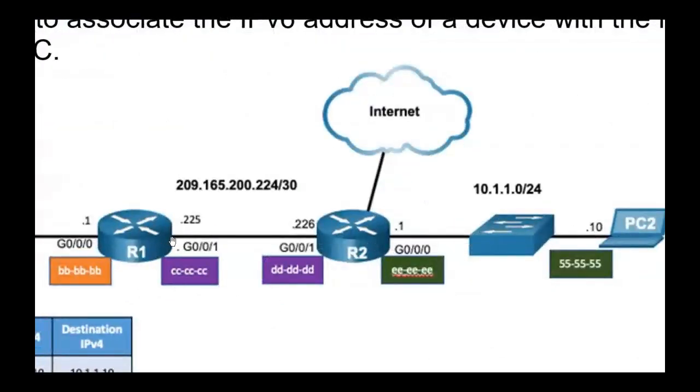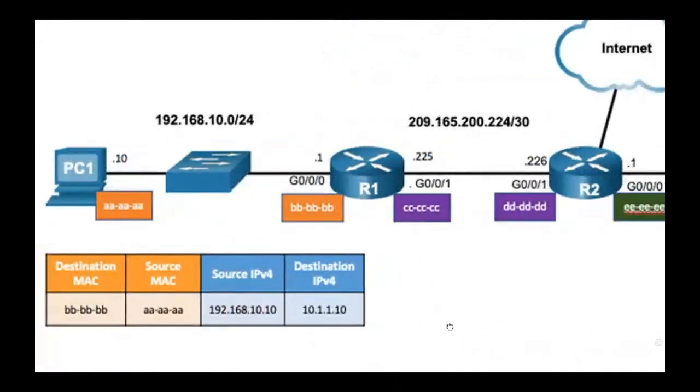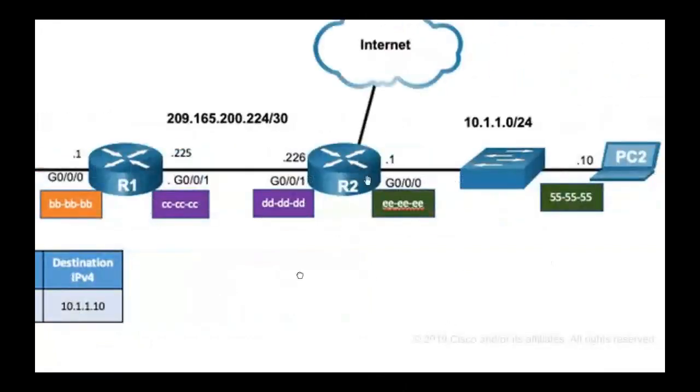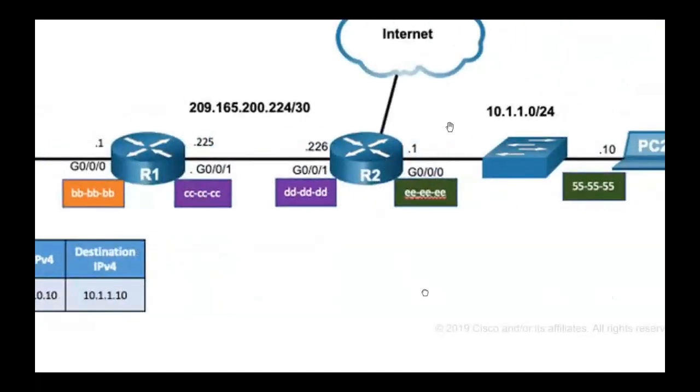So the next step is now it's going to send the same information, but it's going to substitute the destination MAC address as the next interface, and the source adds its own. It re-encapsulates it. And then when it gets to this router, it decapsulates it again, gets rid of that frame part, looks at the source and destination IP address again, and realizes it's on this network it's directly connected to.